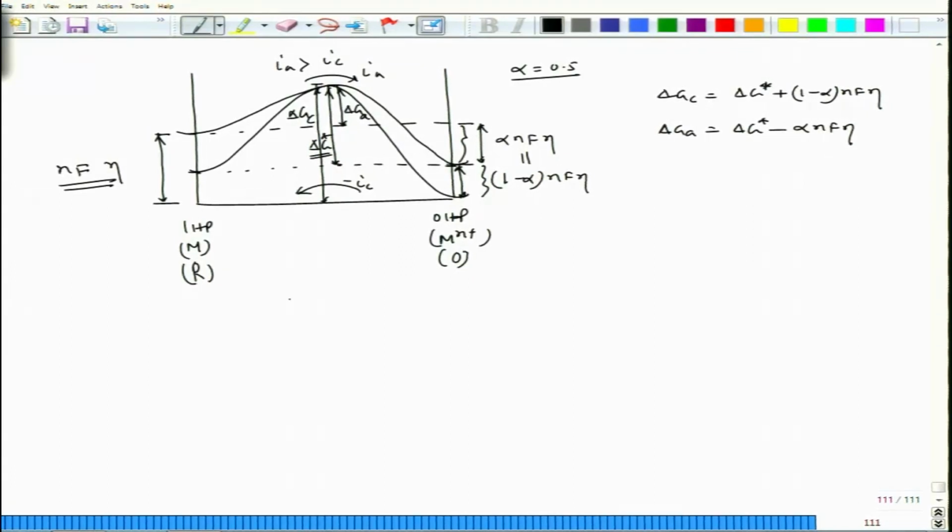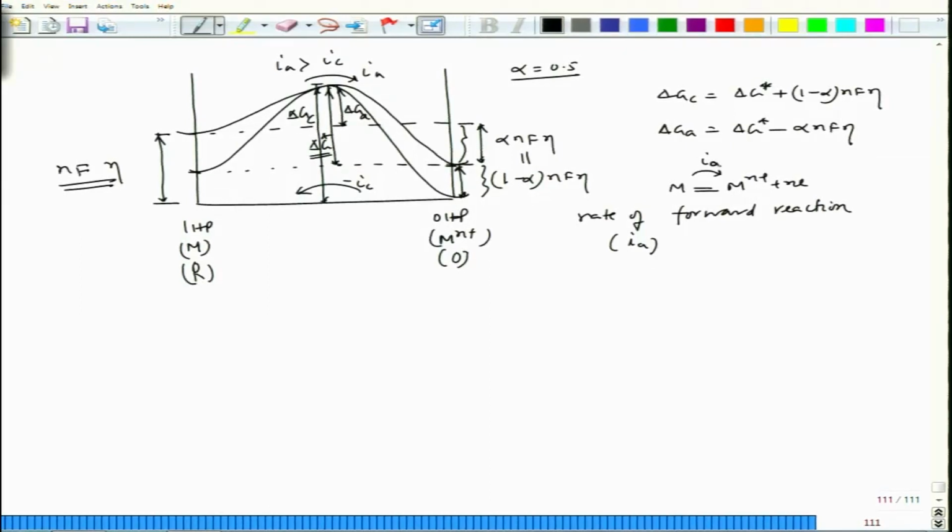Now, I know the rate of the forward reaction, or it is better to say I A. So, M minus equals M n plus n e.